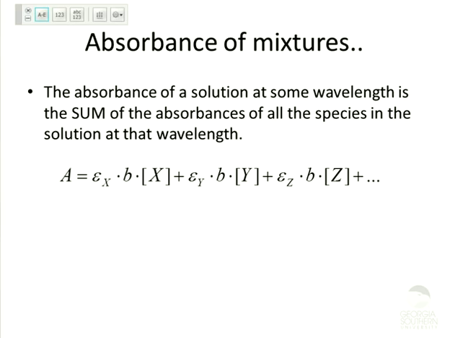But here and here they would add big time. Say the green one is the absorbance of X, and this other one is the absorbance spectrum of Y. Then the overall is the absorbance spectrum of X plus Y. So they add.